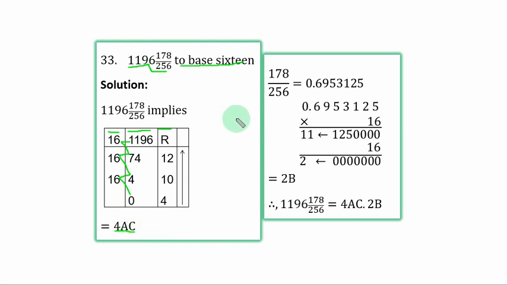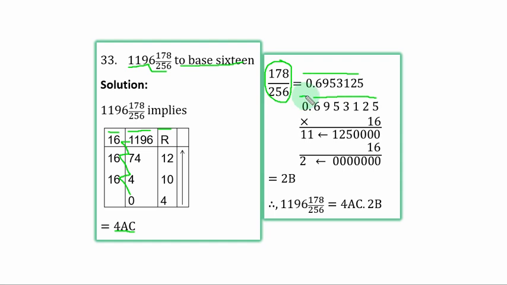We take the fractional part and you convert it to a decimal fraction. This is a common or ordinary fraction. When you convert to decimal, you have 0.6953125. So you multiply this number continuously by 16 until the last result is 0. Remember, this is the part that you multiply and you keep the remainder under 0.